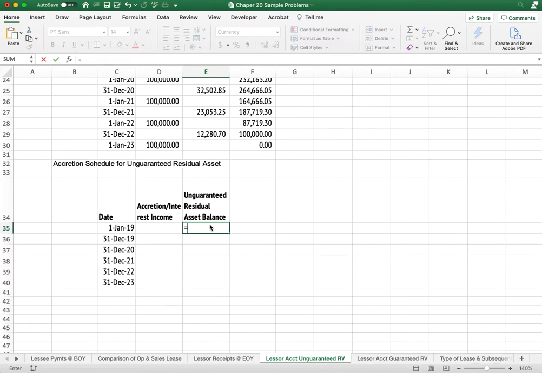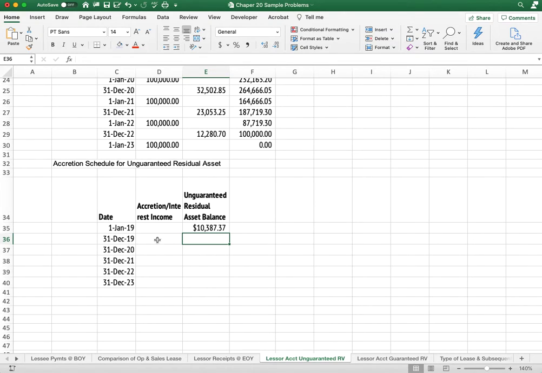So we'll say equals PV, open parentheses, rate 14%, comma, number of periods 5, comma. In this case, it's a lump sum, so there is no payment, so we just put another comma. The future value is 20,000. And it's beginning of period, so we'll put comma 1, close parentheses, and we need to put a negative sign in front of our PV so that converts it to a positive number.